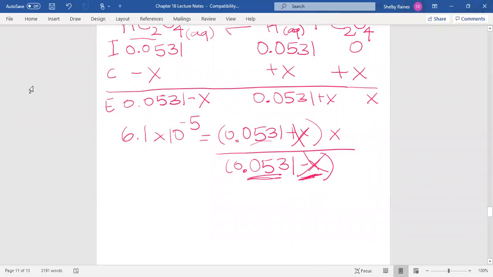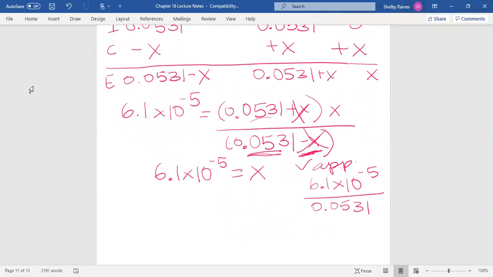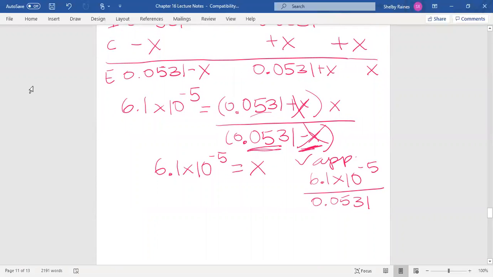Both of these numbers are the same, so I get 6.1 times 10 to the negative fifth as my X. Okay, we need to check the approximation. Make sure it's good. So our X value is 6.1 times 10 to the negative fifth over our initial concentration, which was 0.0531, times 100. And I got 0.11%. So it's good. We can use that approximation.